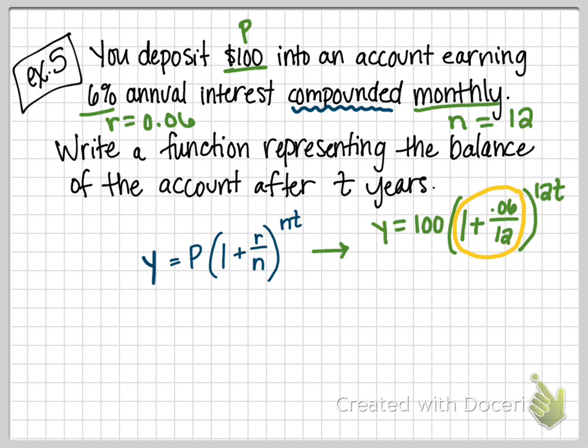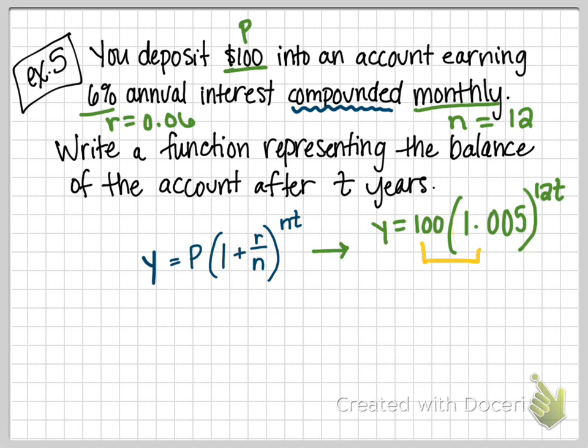So let's do 0.06 divided by 12. It's tiny. It's 0.005. So what's 1 plus 0.005? 1.005.